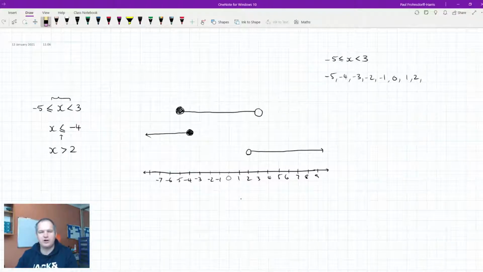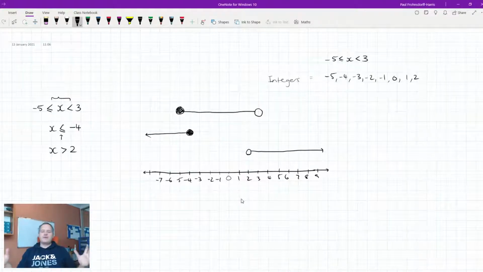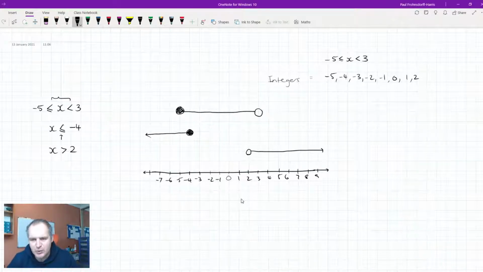So we'll rub out that comma, and that would be all the integers. Because an integer is, that's correct, all those people shouting whole number at the screen, it's a whole number. So therefore we've got all the integers between minus 5 and 3.